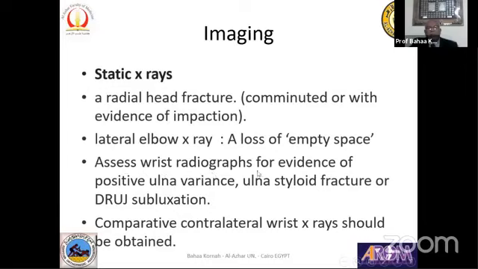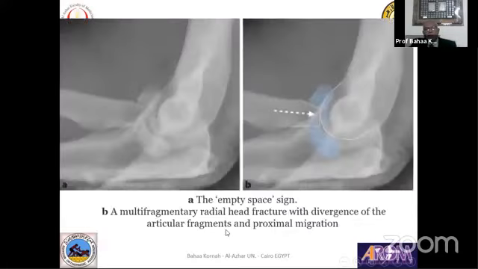Assess the wrist radiograph for evidence of positive ulnar variance, ulnar styloid fracture, or distal radioulnar joint injury. Always when you suspect it, a comparative contralateral wrist X-ray should be obtained to exclude other injuries. This is an example of the empty space sign.